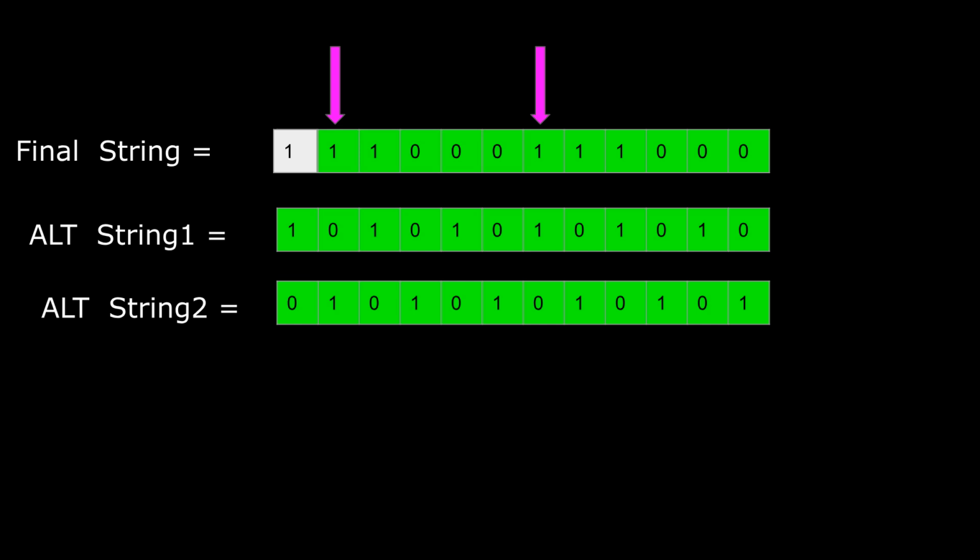If you see in the example, going into the next iteration, we are removing index 0.